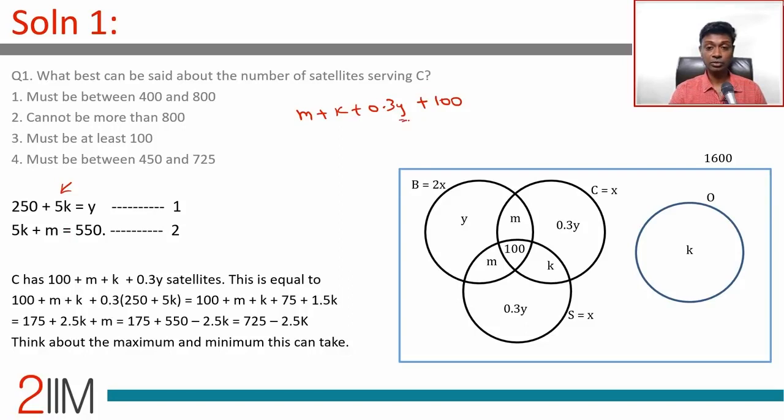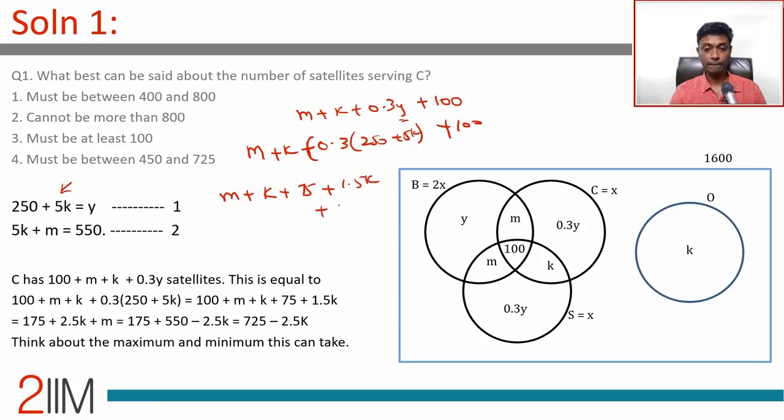So let's write this in terms of K. So M plus K plus 0.3 into 250 plus 5K plus 100, which is M plus K plus 75 plus 1.5K plus 100.